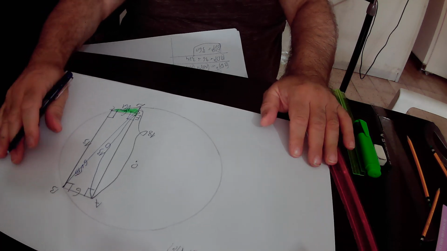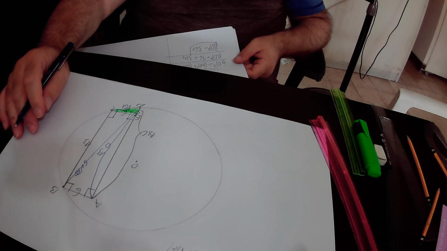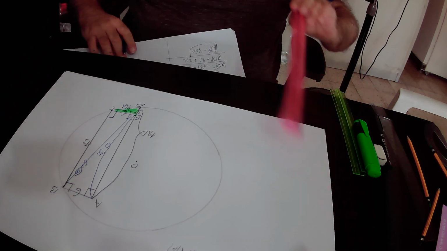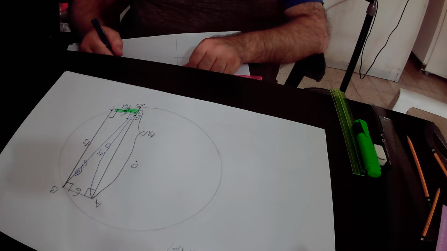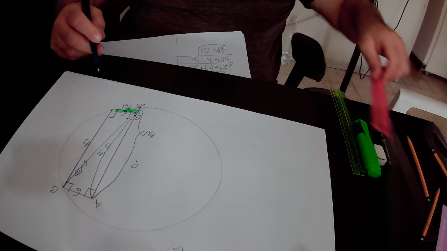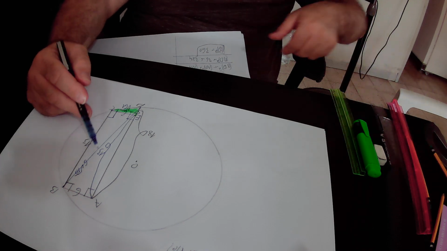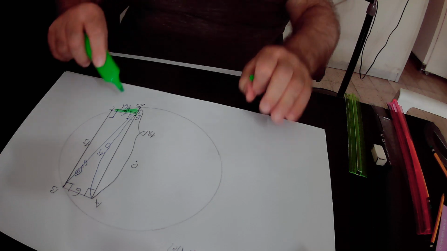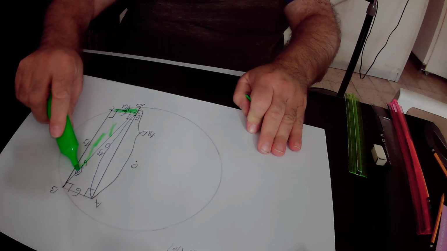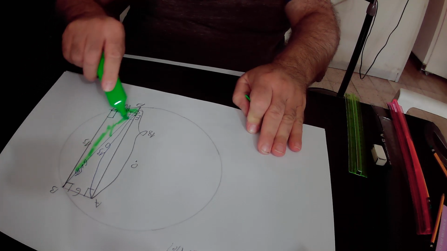Okay. In the next step, we'll find out the area of the triangle BDC. Okay, so we'll find out the area of the green triangle BDC.